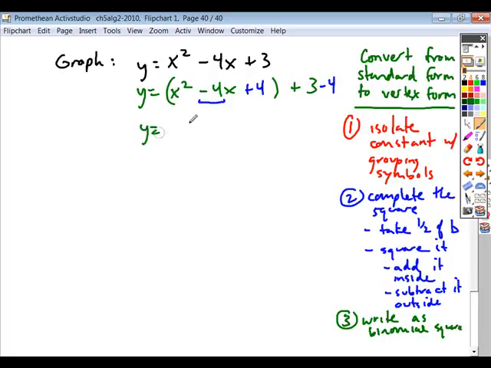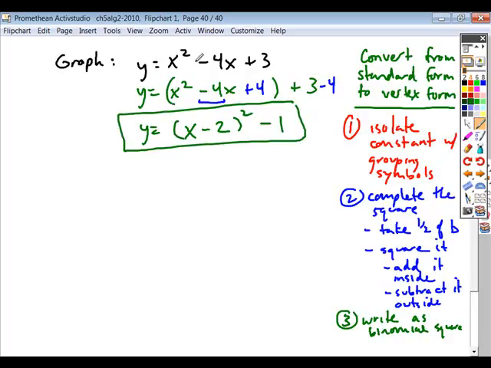So all I need to do now is rewrite the terms inside the grouping symbols in my binomial square form, which will always be x and then half of b. So half of -4 was a -2. And now I can combine my constants here. A +3 and a -4 gives me a net of -1. And so what I've done is I've converted from standard form into vertex form.